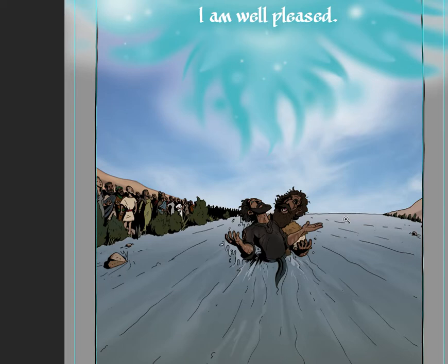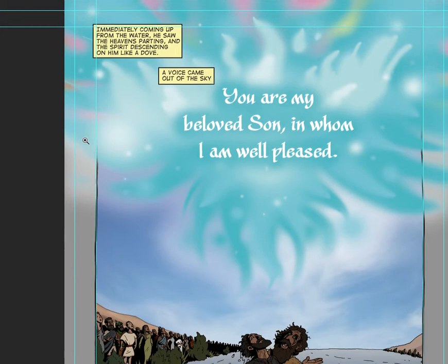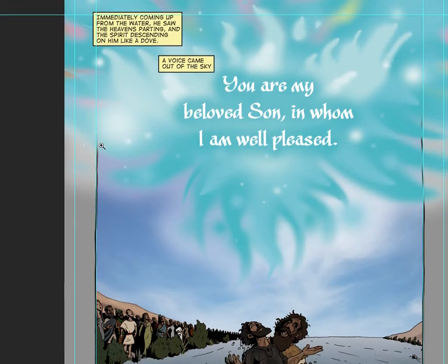Now, last thing about this page is the other motif that goes through the whole comic series: spiritual things can go outside of the panels. Now it happens a lot in comics that things bust out of the panels, right?